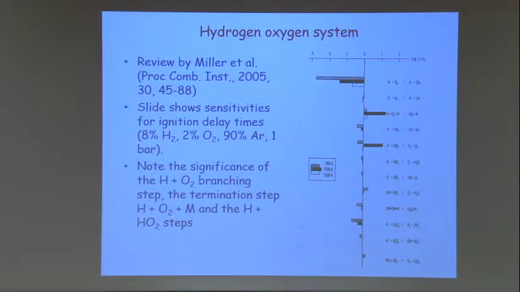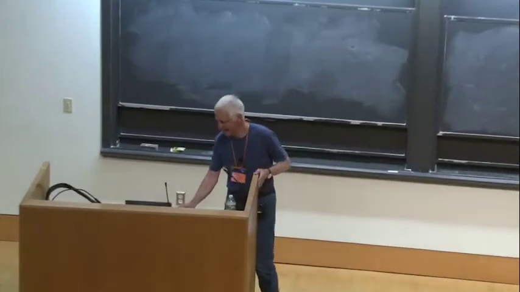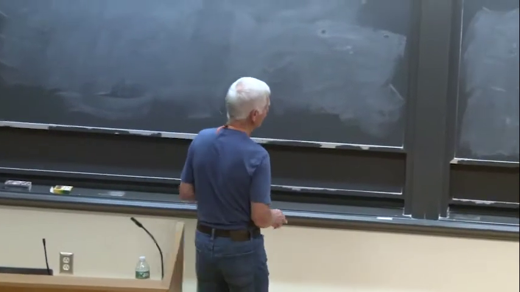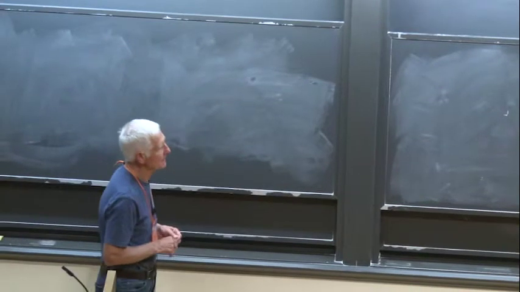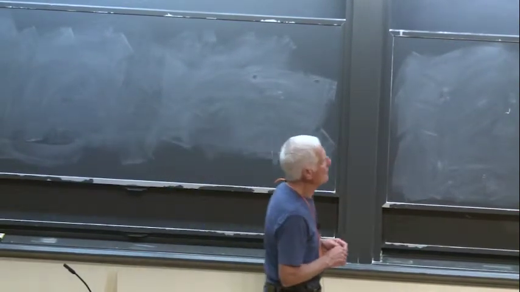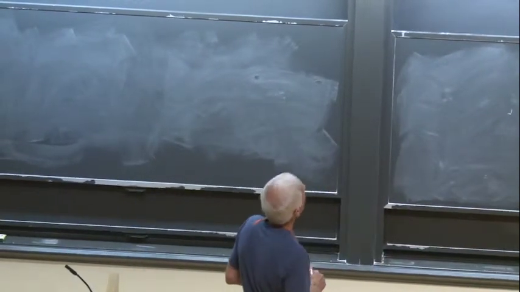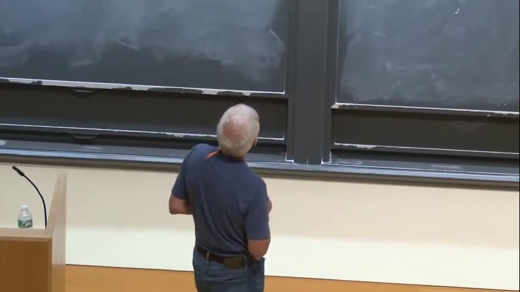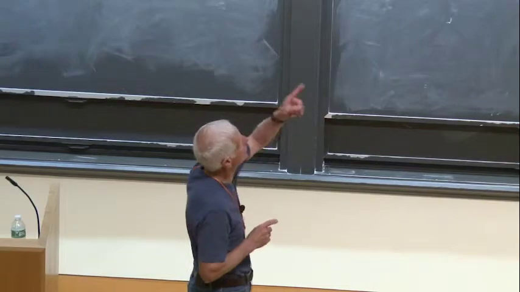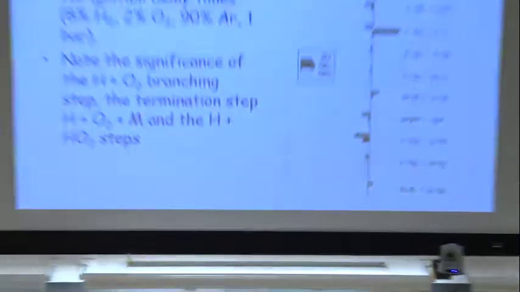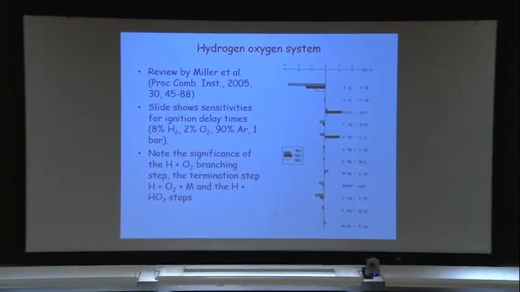First of all, sensitivities. Now, I realize that not all of you understand what a sensitivity is. For example, here we're looking at the sensitivity of the ignition delay time to these various rate constants, these various reactions.